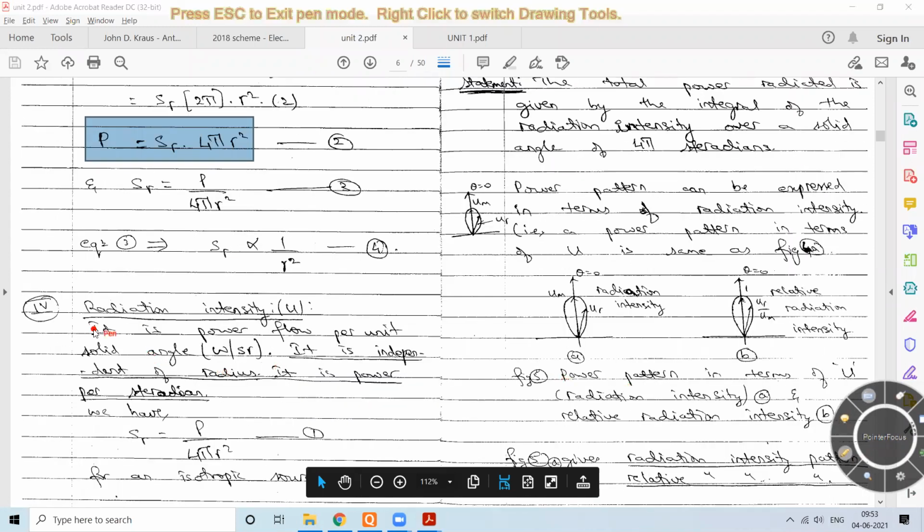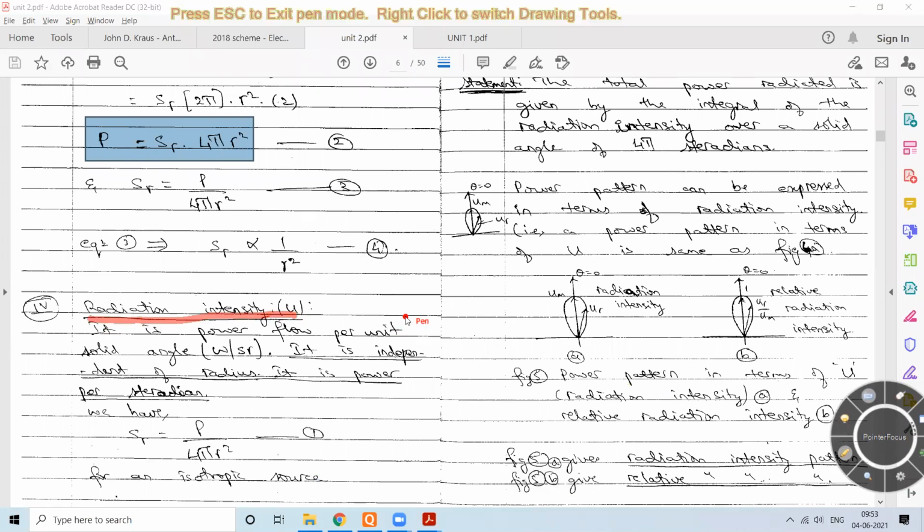Next, we have the radiation intensity. This is slightly different from the power density. Power density is power flow per unit area, whereas radiation intensity, identified as U, is power flow per unit solid angle.